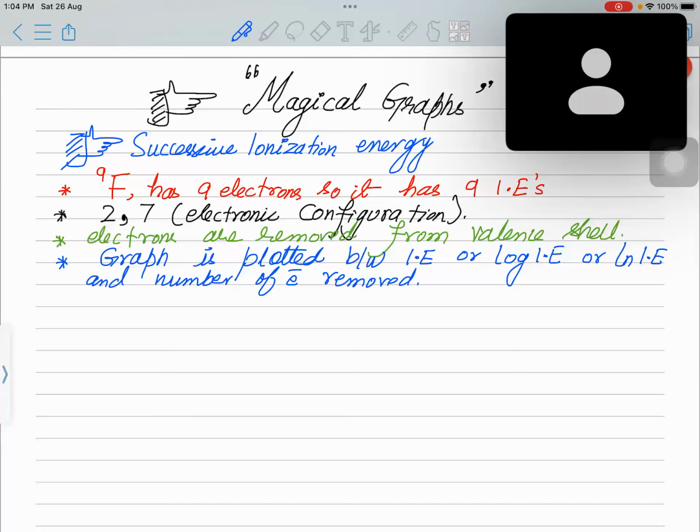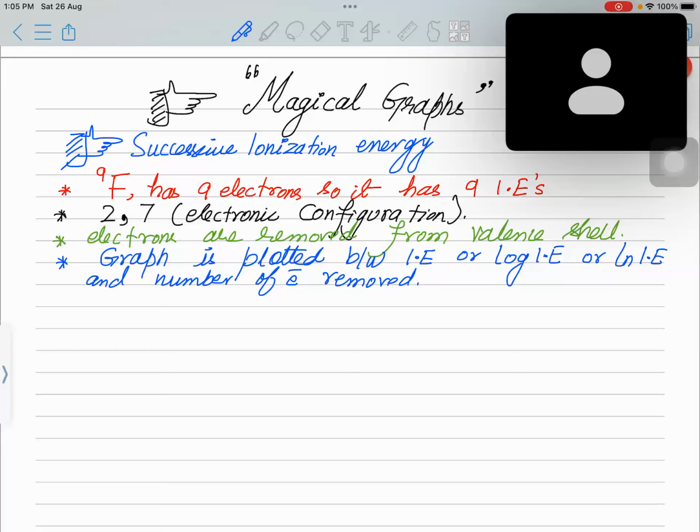So down the group, the shell and the shielding increase and the nuclear attraction decreases. Down the group, atomic size increases. No need to give the nuclear charge, right? Okay. Down the group, size increases, shell increases, shielding increases, nuclear attraction decreases, less energy is required to remove the electron.